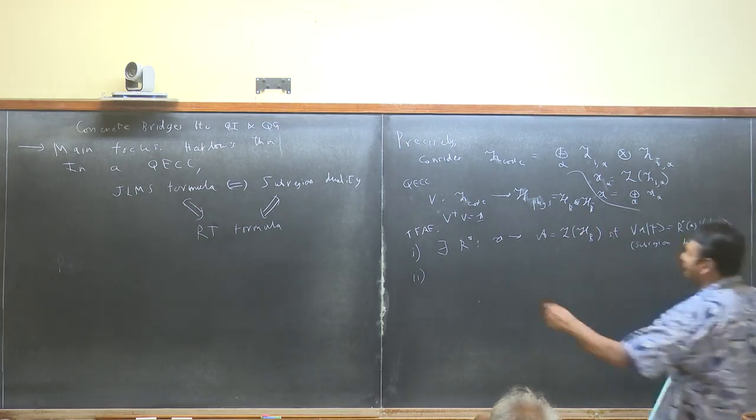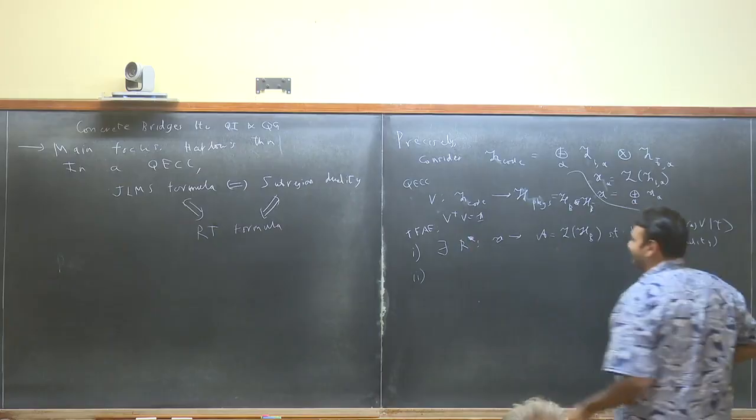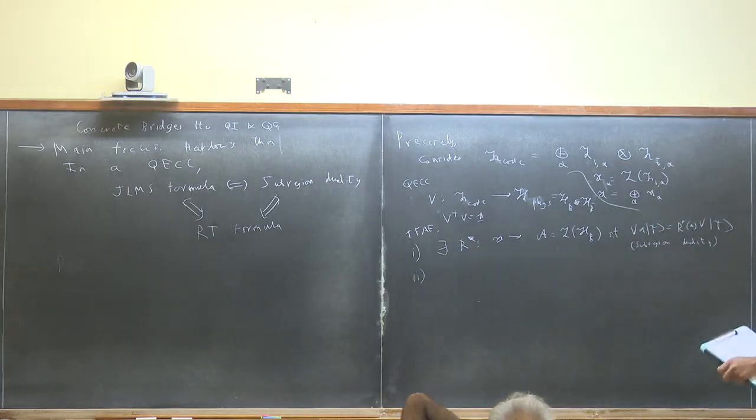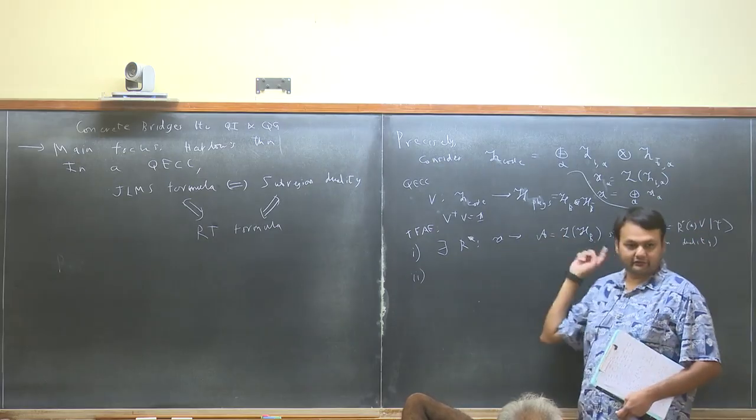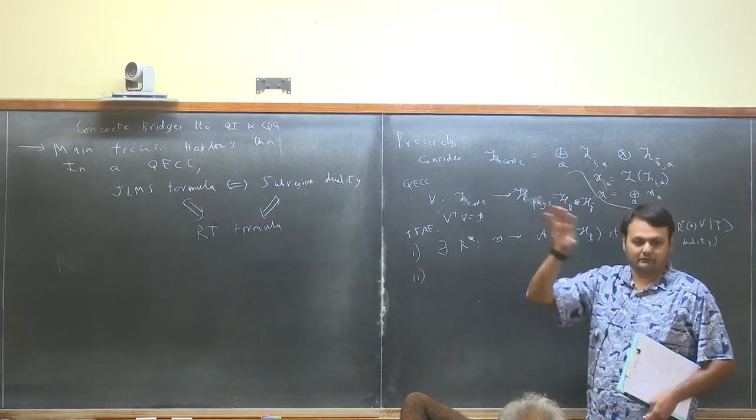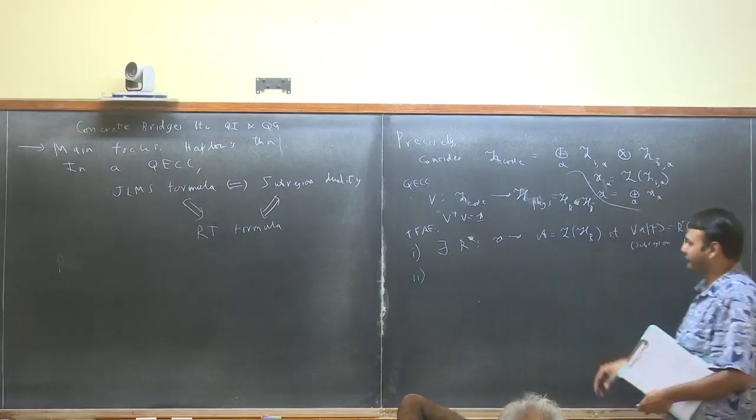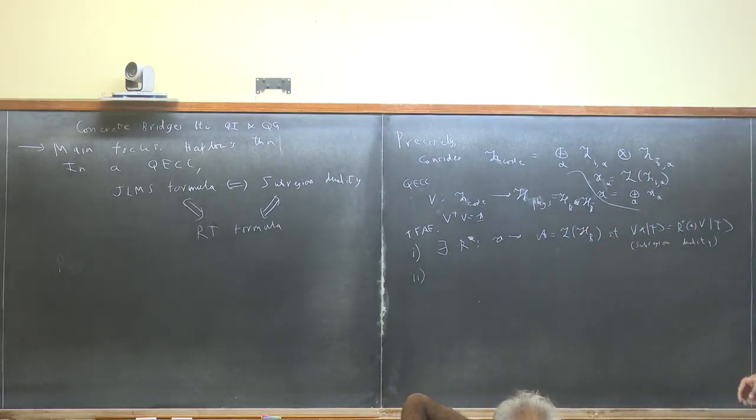That's R star. Yeah, there exists a channel R star which does this. It takes operators to operators. You can think of it as a 4-index object, since operators are 2-index objects.